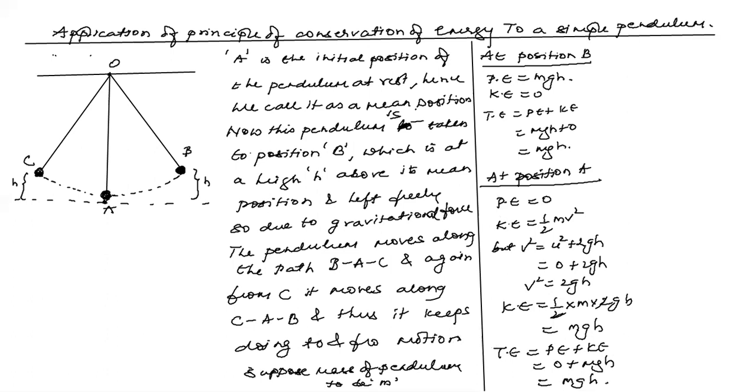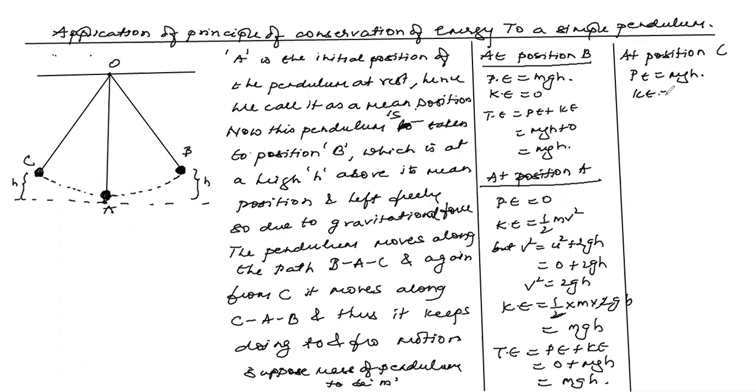At position C, again P will be mgh, K will be 0. So total energy equals PE plus KE, mgh plus 0, mgh.